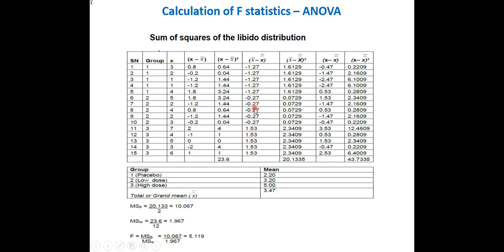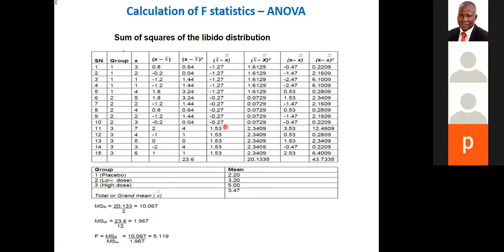For group 2, numbers 6 to 10, the group mean is 3.2, so 3.2 minus 3.47 gives you minus 0.27. It's the same for all of them. The last group mean is 5, and 5 minus 3.47 gives you a positive value, 1.53. If you add them together, it gives you 0.